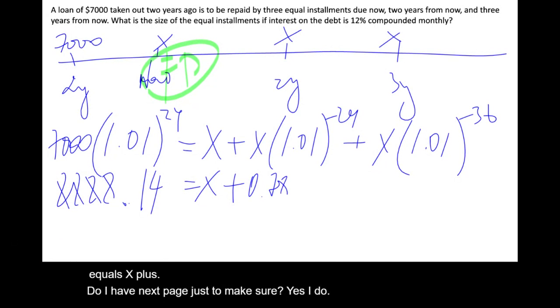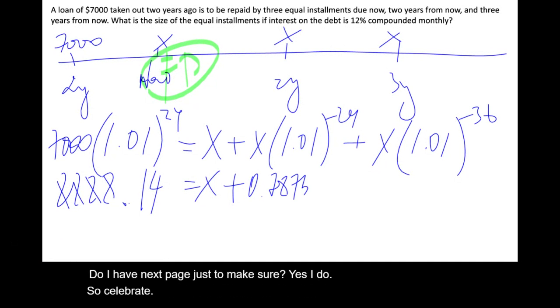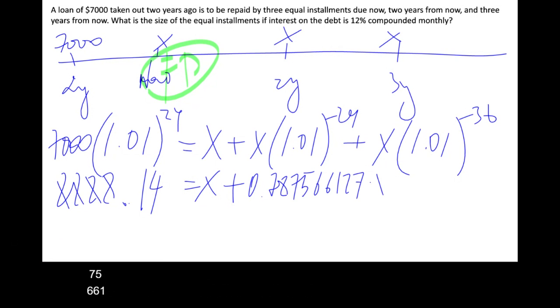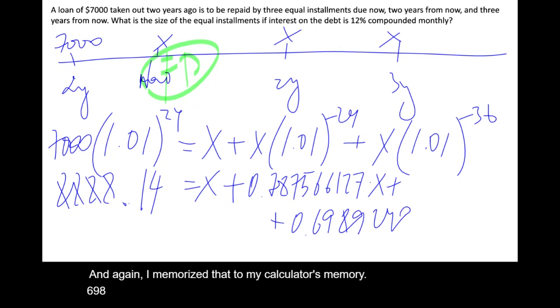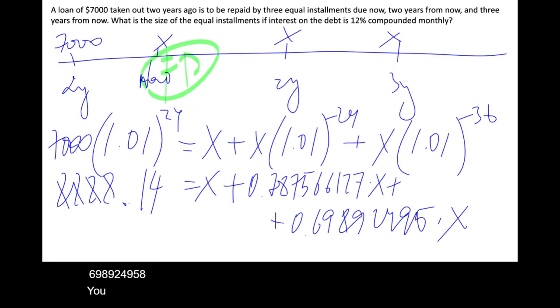So 7875666127 x plus. And again, I memorized that in my calculator's memory. 69892495x. So let me know when you're ready for me to flip a page.